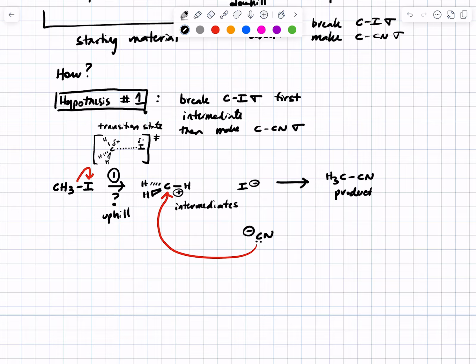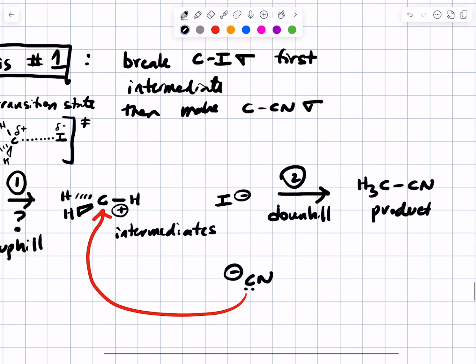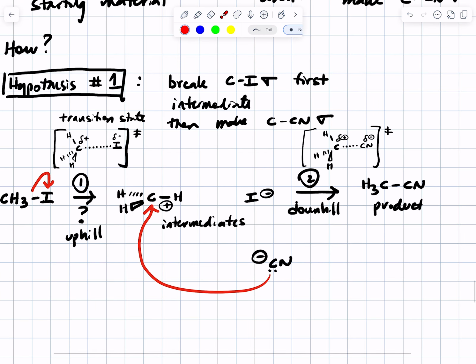We have a first step and a second step. Do you predict this second step to be downhill or uphill? Downhill. Why? Because you're making a bond. If you had to look at the transition state for this step, it would probably look something like this. It involves a not quite positive charge on carbon and a not quite negative charge on CN minus as we start to make the new carbon-carbon bond. Okay?